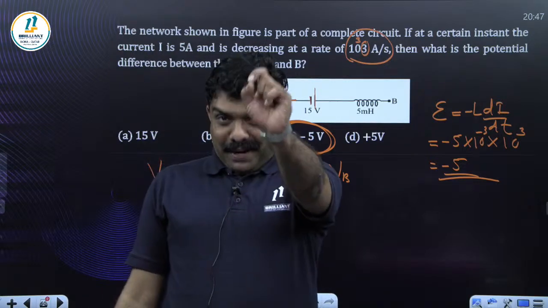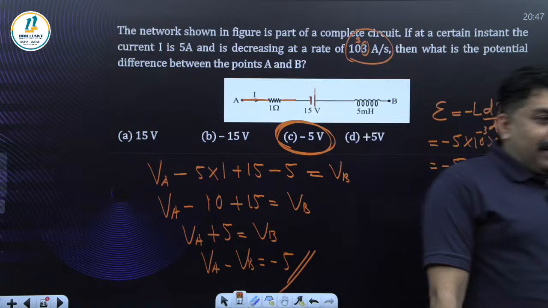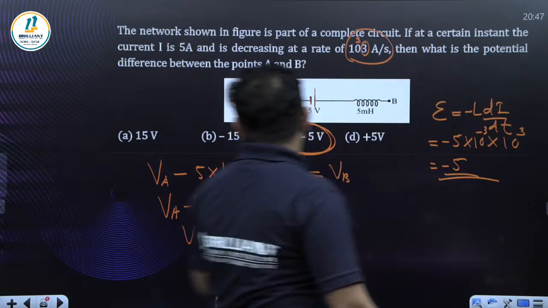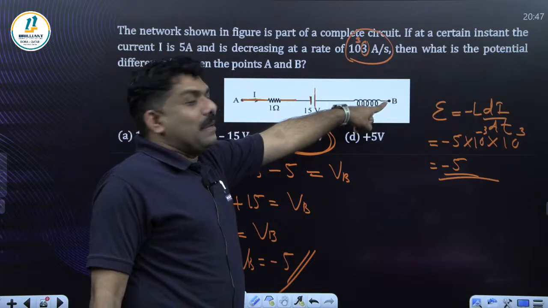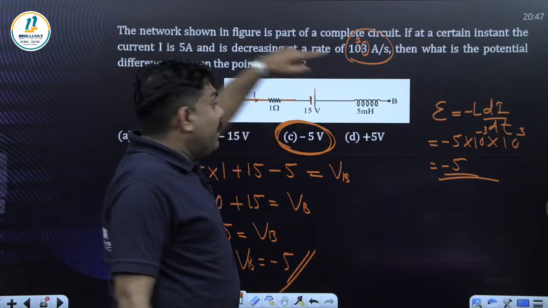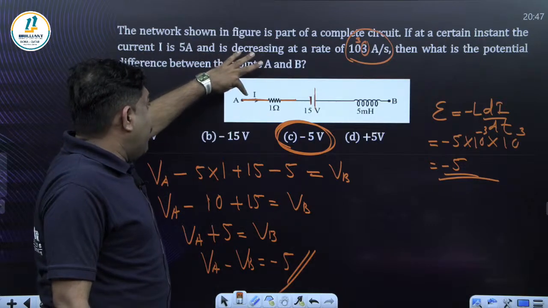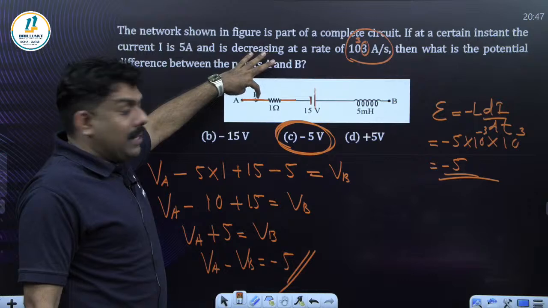So I'm repeating once more, a simple idea. We are starting from the point A and reaching the point B. When we start, the potential at the point A is VA, minus the voltage across the resistor, which is 5 into 1.